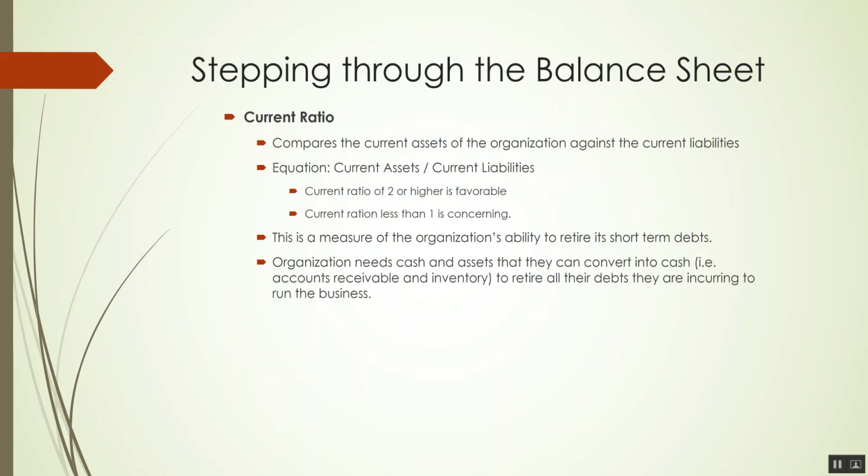If you have a lot of current assets versus a little amount of current liabilities, your current ratio is going to be very good. But if the opposite holds true, if you have a low amount of current assets versus your current liabilities, that's an indication of a poor current ratio.